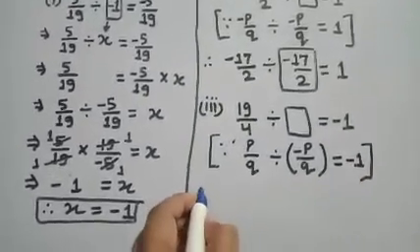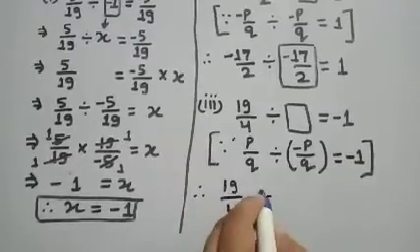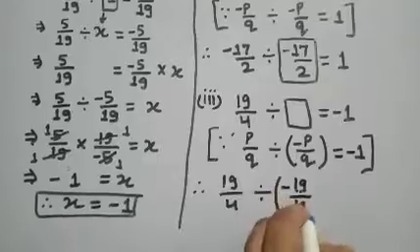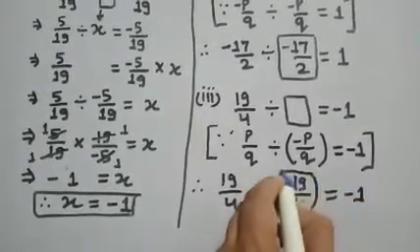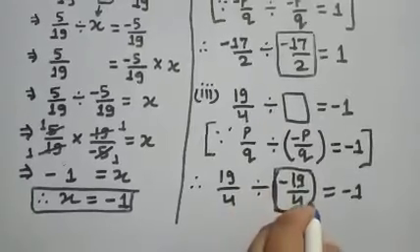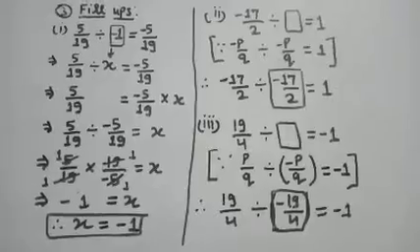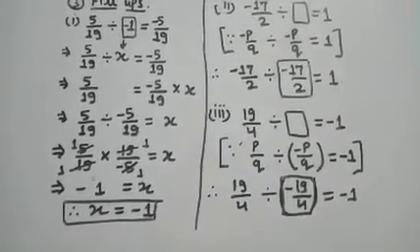So the final answer is 19 upon 4 divided by minus 19 upon 4, you will get -1. So minus 19 upon 4 will be the required result. So student, I hope you understand this concept.